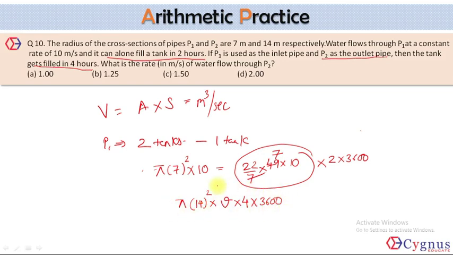And we know that it will empty the amount which can be filled by the first pipe in 2 hours, meaning the capacity of the tank. So we will equate it with pi 7 square into speed 10 into 2 into 3600. This will give you the speed of the second pipe.